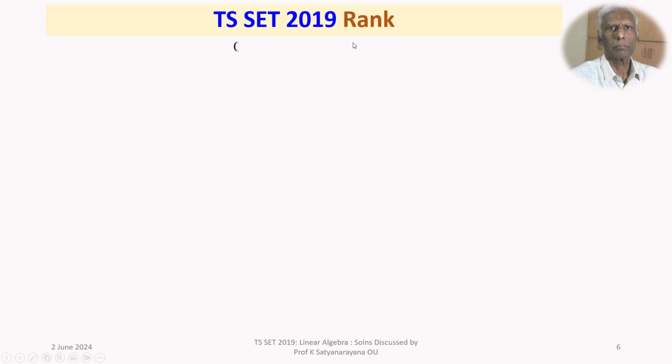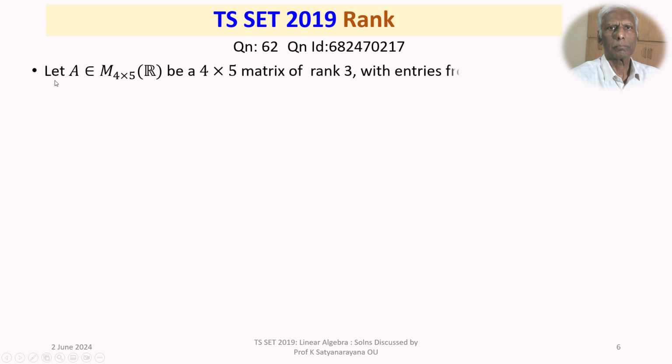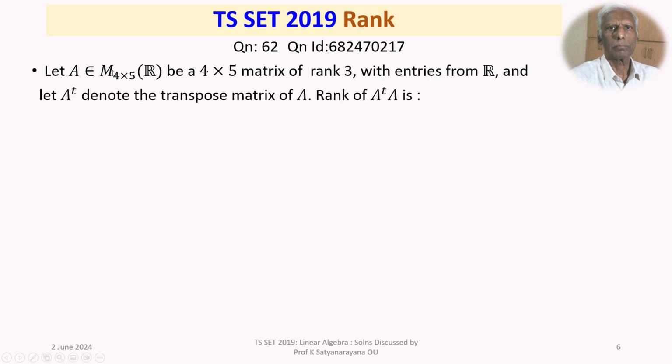This question is based on the concept of the rank. Question 62, and the question bears this ID. The given question is: let A belong to M 4 by 5 R. That means it is a vector space of all 4 by 5 matrices with real entries.